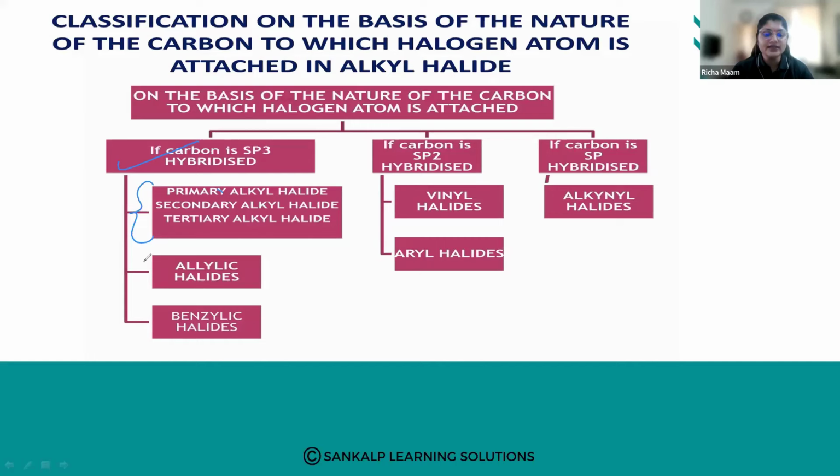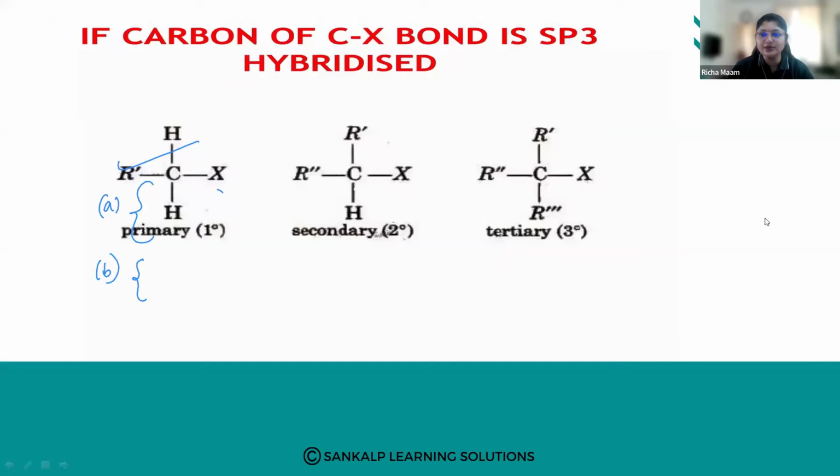Then next, the second classification of compounds having an sp3 hybridized C-X bond is allylic halides. You can see how the primary alkyl is given: the halogen atom is attached to a carbon with one alkyl group.